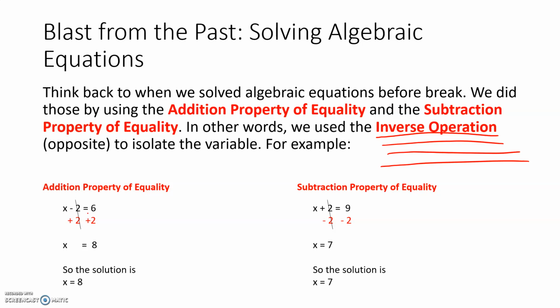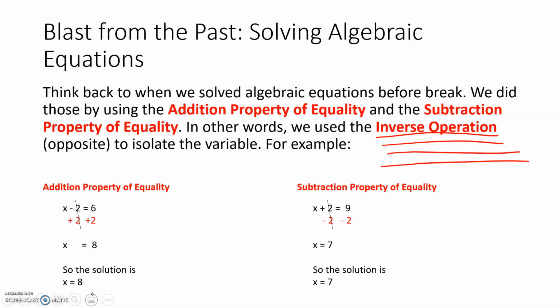So on the addition property of equality, with minus 2, the inverse operation of minus is addition, and I do that to cross them out, to get rid of it, to get x isolated. If I do it on one side, I have to do it on the other side. Math is a balance. You change one thing, you have to change the other thing, like ratios and fractions. Then if I do the inverse operation, I come out with a solution of 8.